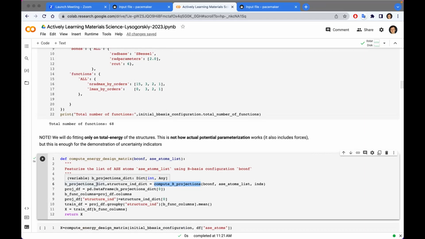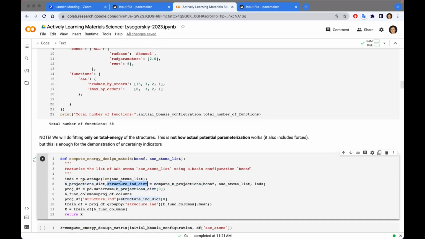I have to say that basis functions are atom-center specific. So we have a subset of basis functions centered on copper, centered on aluminum. We would have an aluminum data set and so on. So that will be split into this dictionary.